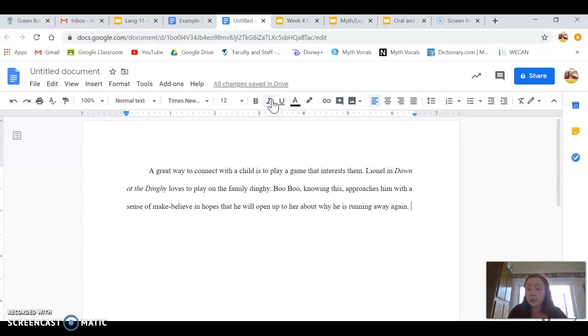And then this is where you would intro the quote, after 2 or 3 sentences in. So you can either intro it with a longer sentence, or you can even just say, for example.